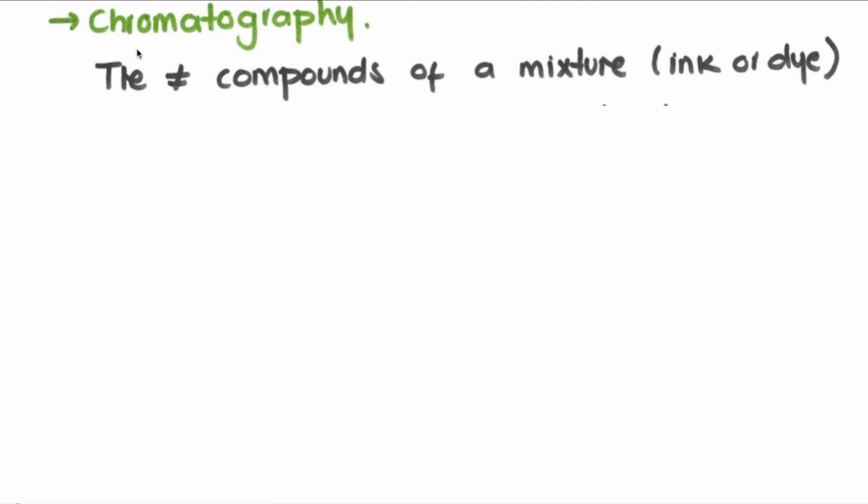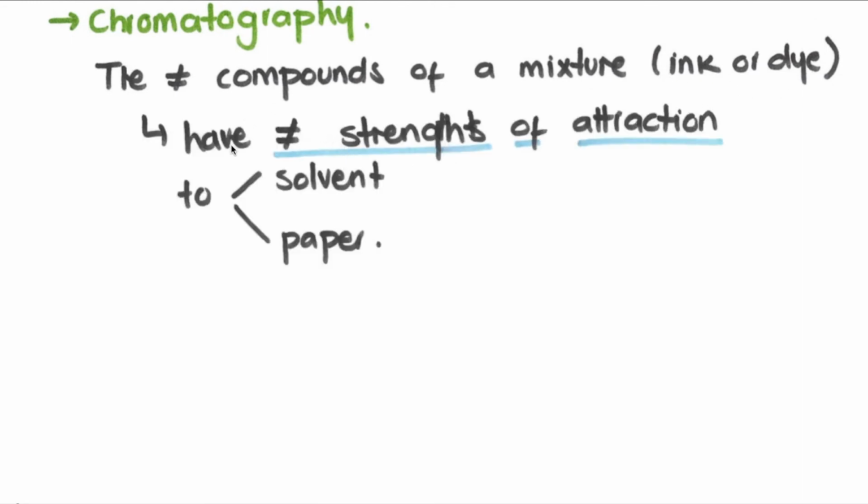Chromatography. I really hope that we have time to do this prac because it's going to be a lot of fun. Chromatography is when we separate the different compounds of a mixture of an ink or dye. What happens in chromatography is that the different compounds have different strengths of attraction to the solvent and to the paper.